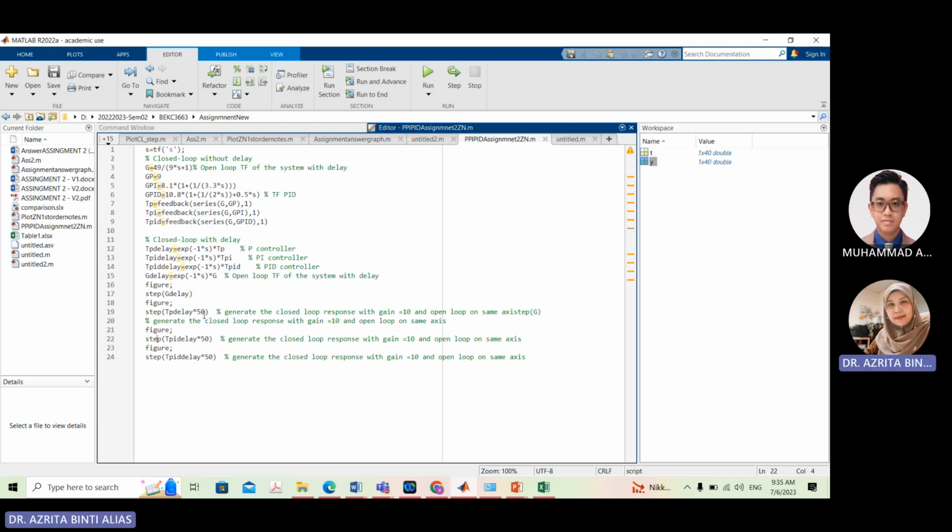We need to multiply with 15 since our final value for the temperature control is 50. So that's why for the closed loop system, we multiply with 15. So after that, you run.